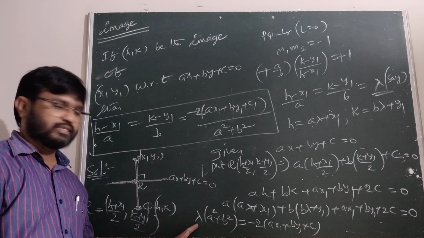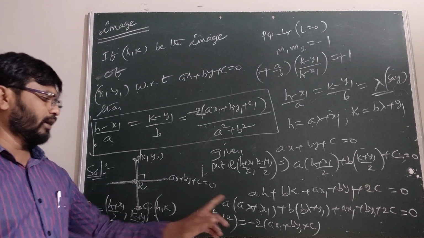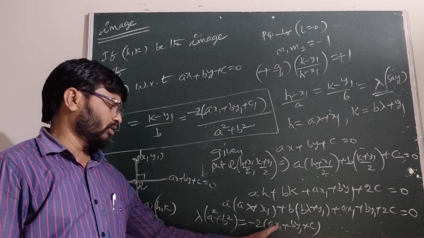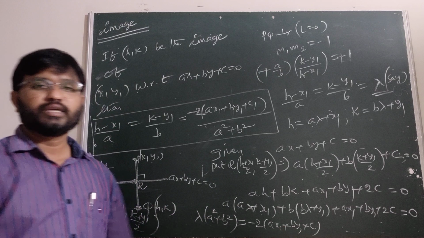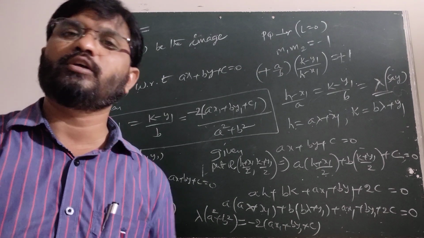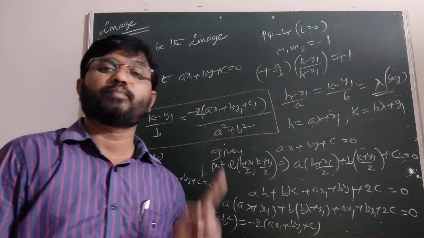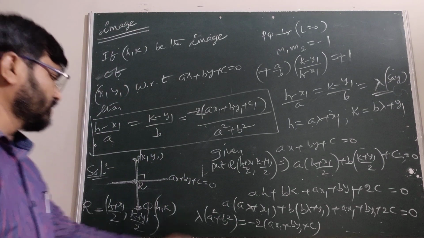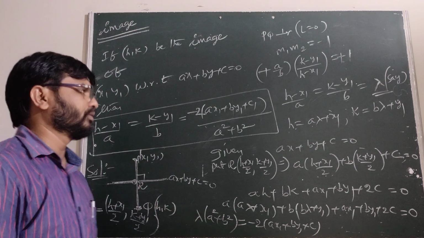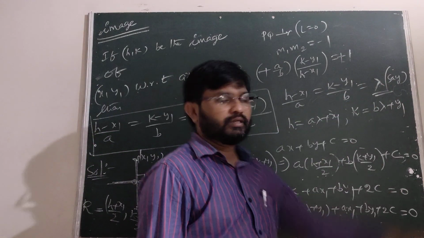The lambda here is minus of 2 into (ax1 plus by1 plus c) by (a square plus b square). That is the value of lambda. That is the image. Is it clear?